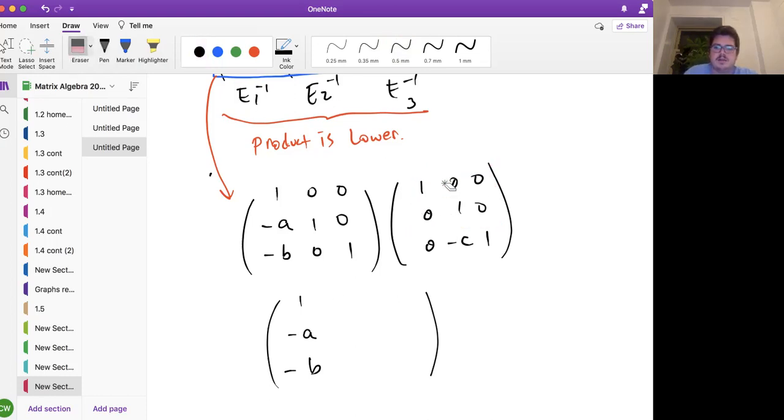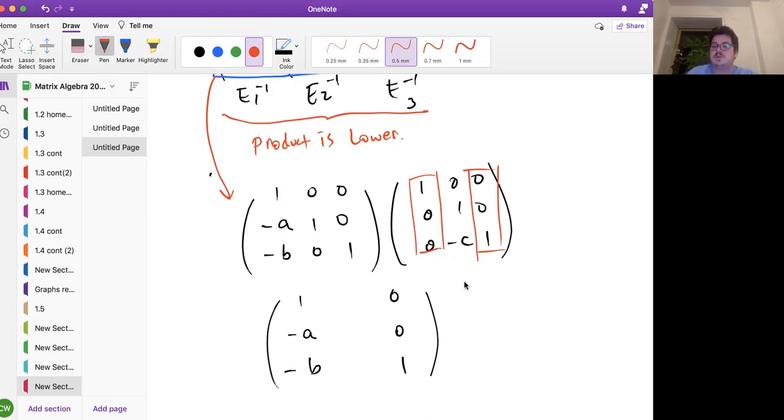Oh, I'm sorry. This tells you the first column is going to stay the same. Sorry, I drew the wrong thing. And this tells you the third column is going to stay the same. These are column operations. So now the only thing that is changing is the second column.